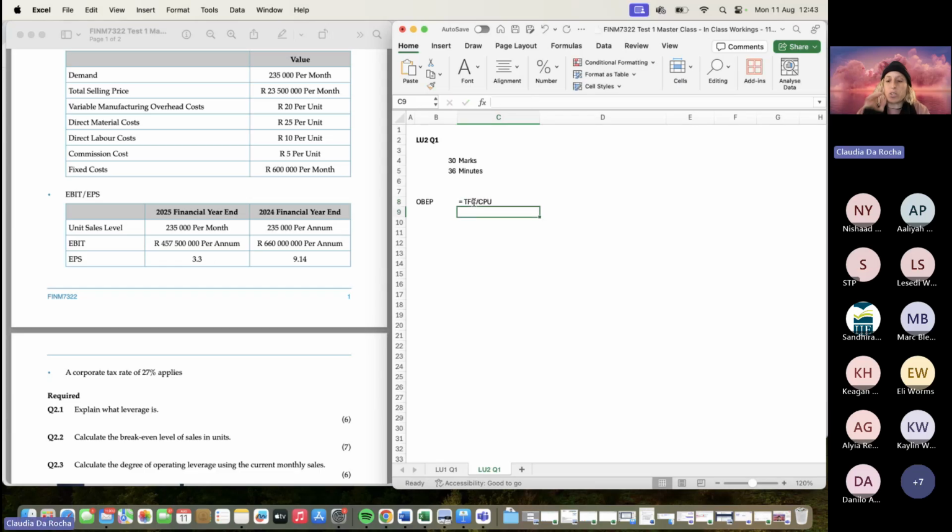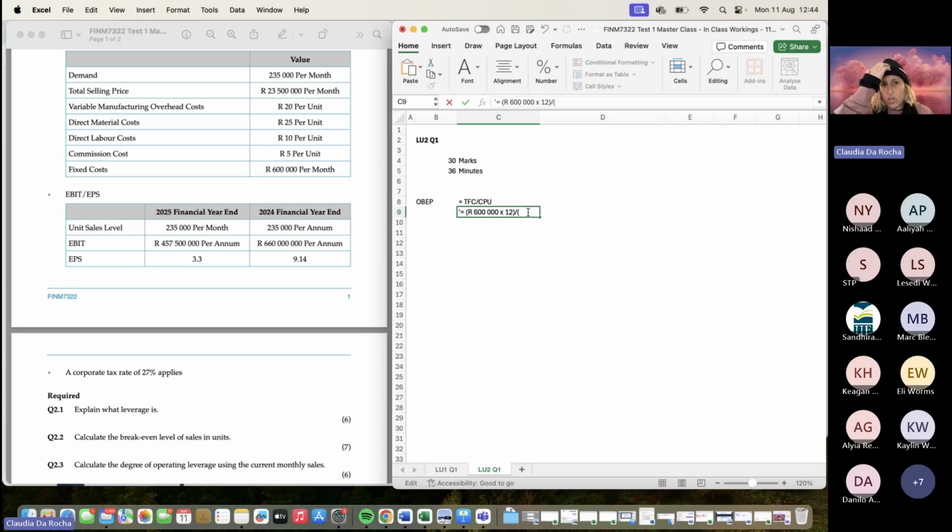So when we're doing our total fixed costs, we are going to say 600,000 times 12. We must do that. Why? Because it's per month, and to do the break-even point, we want the full value. Then we're going to divide this by the contribution per unit.